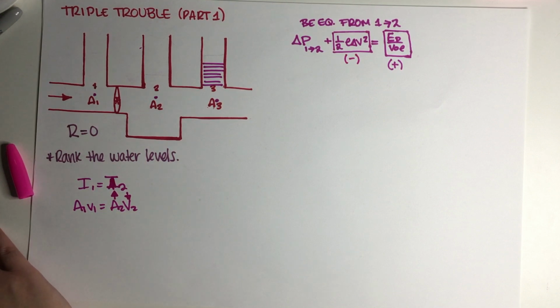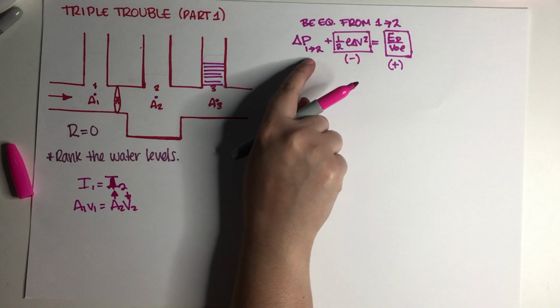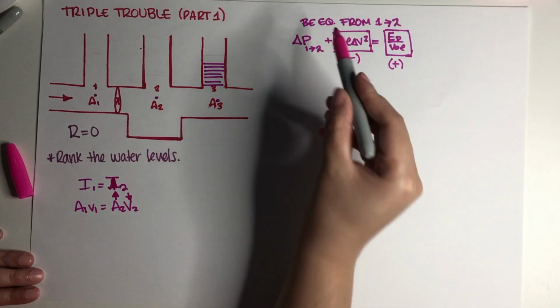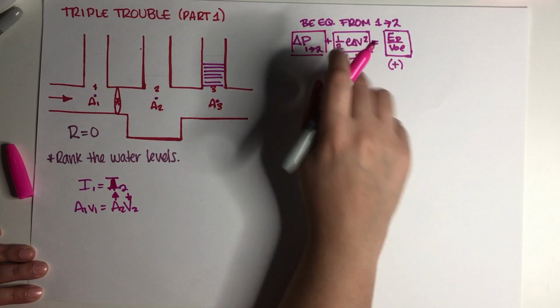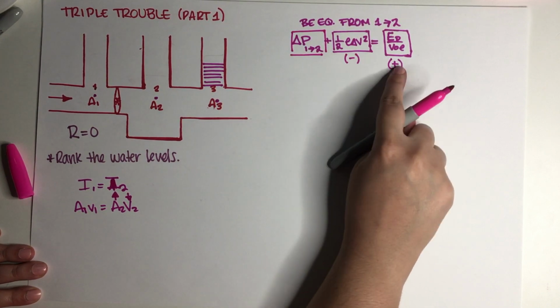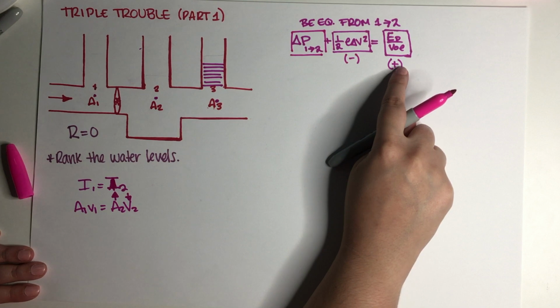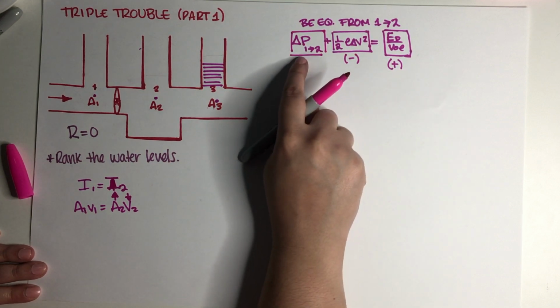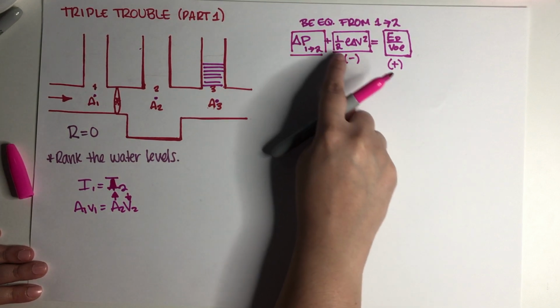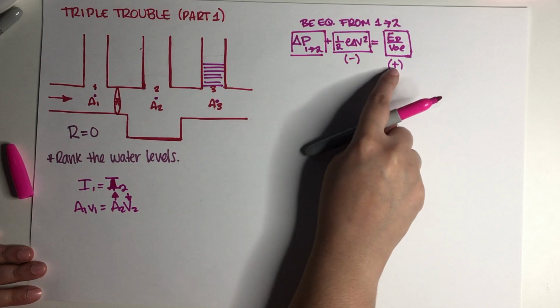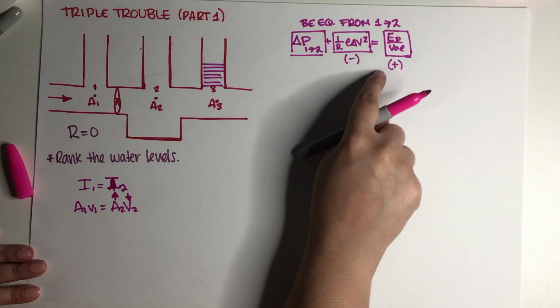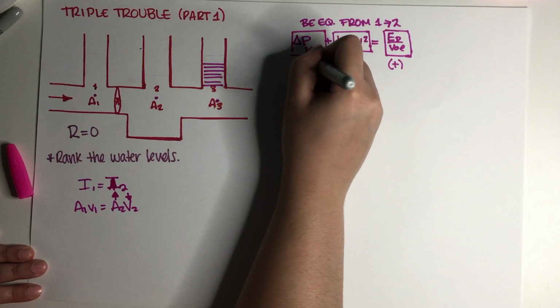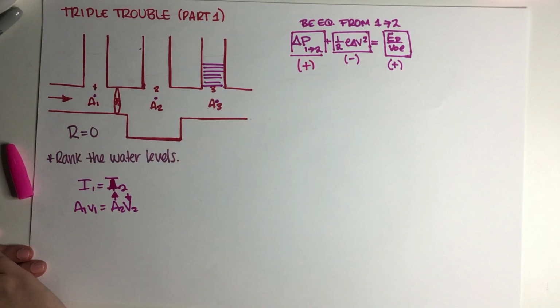And I think that we have enough information to figure out what delta P is, because this number over here, which is the one that we're interested in, plus a negative number, needs to end up a positive number. Now, if this delta P were negative, negative plus negative, there's just no way that you can make a positive out of two negatives. So this means that this term is a plus.